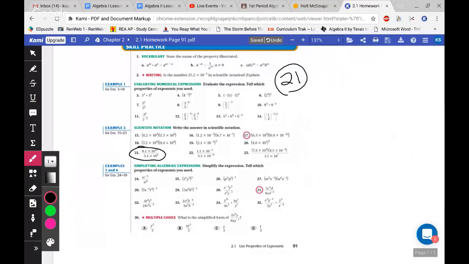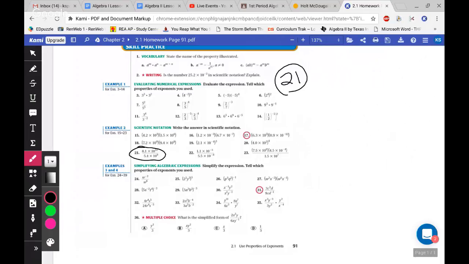Even though PEMDAS or GEMDAS typically tells us to deal with a grouping, being the top or the bottom of a fraction bar, in this case, when it's in scientific notation, we want to do the division of 8.1 divided by 5.4 first, and then deal with the 10 to the 12th power divided by 10 to the 9th power, so that we can use our exponent rules.